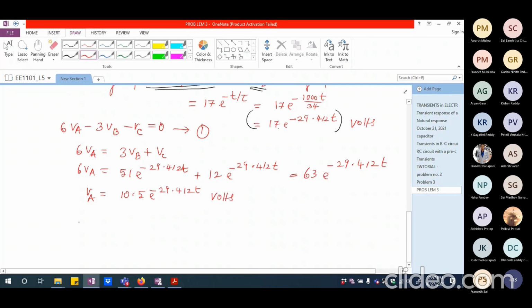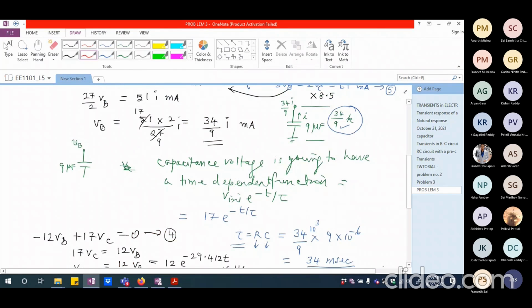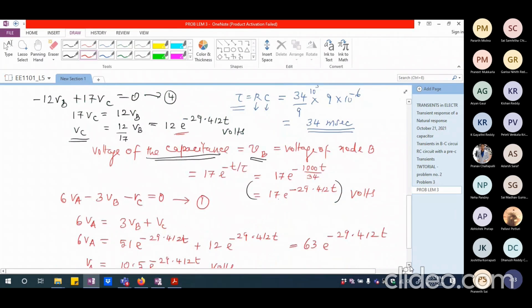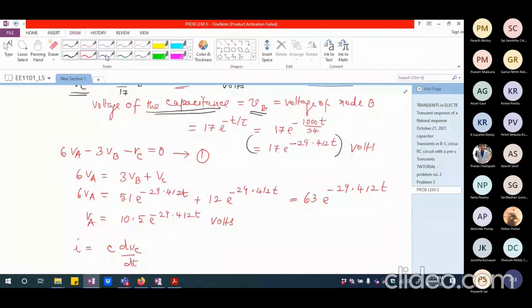How will we get I? I is essentially C dVc by dt because that is the current through the capacitance. Or I should say d of V capacitor, not Vc. It's not the voltage of node C, it is dV capacitor by dt.